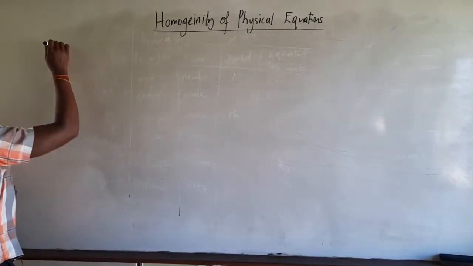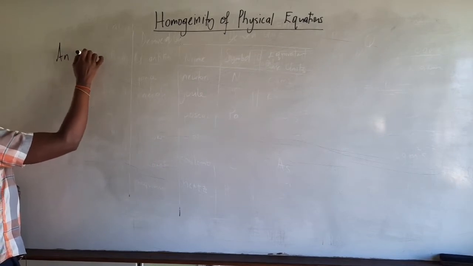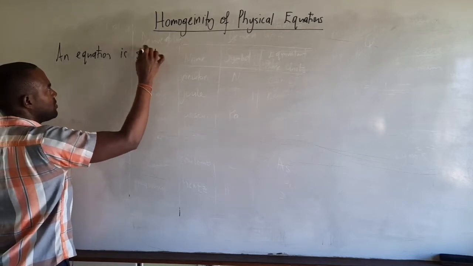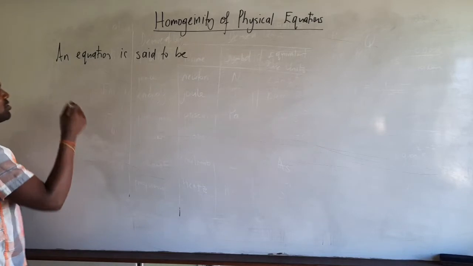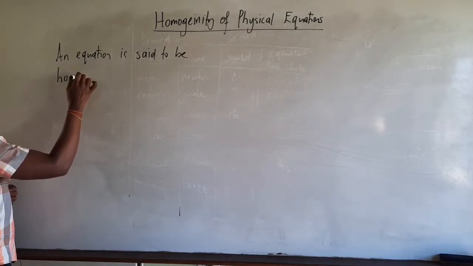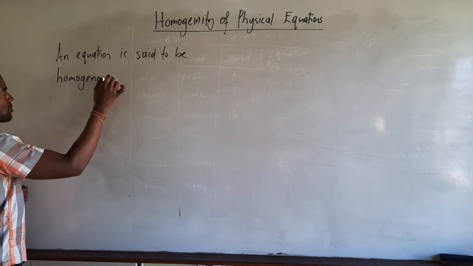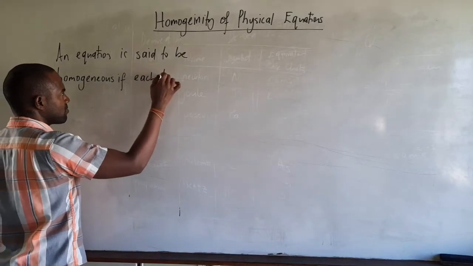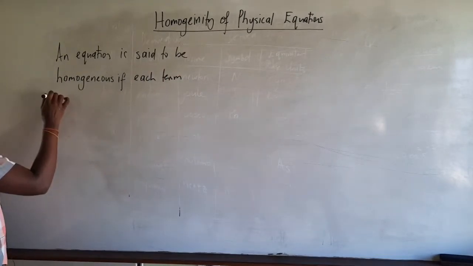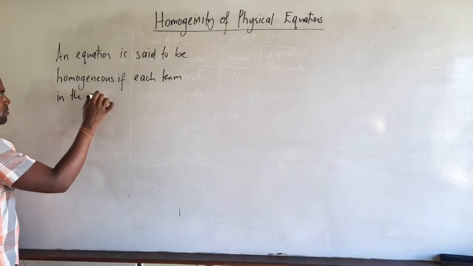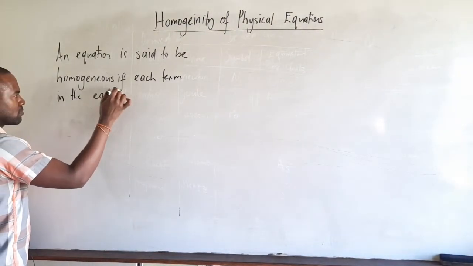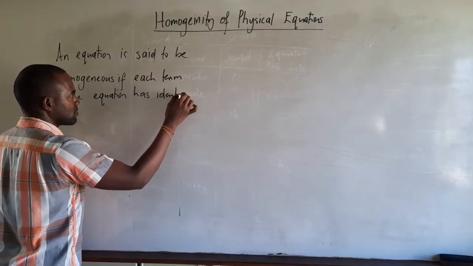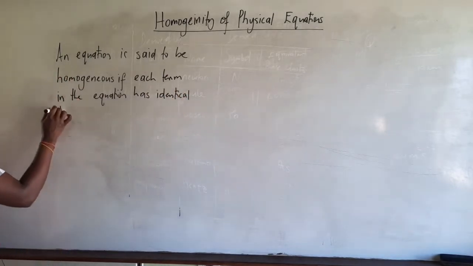An equation is said to be homogeneous if each term in the equation has identical base units.